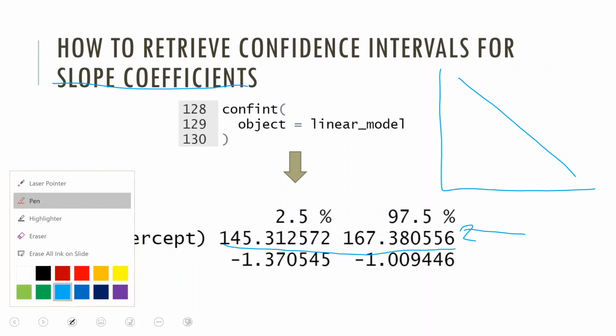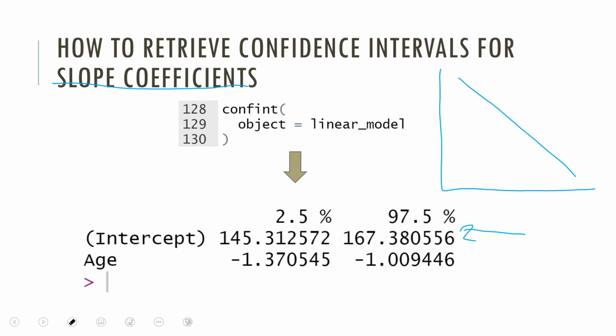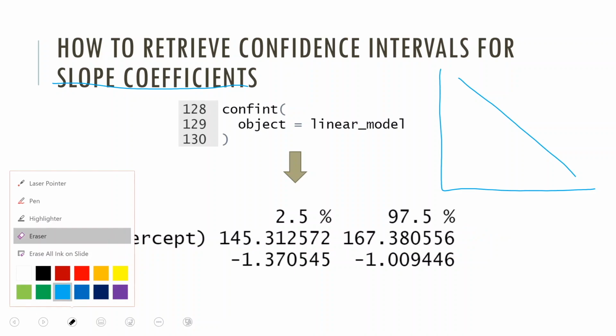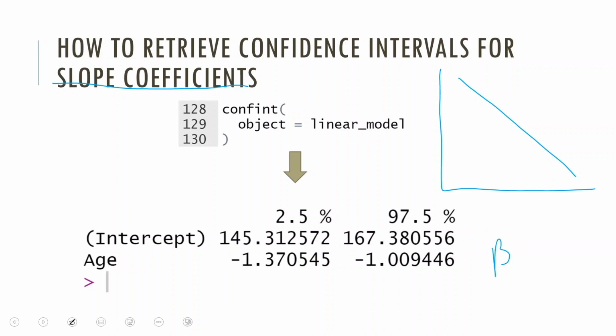And the same thing with the age slope, our beta 1. Beta 1 equals negative 1.1 in our model for this sample, but the population slope is, with 95% confidence, somewhere in between these two values.